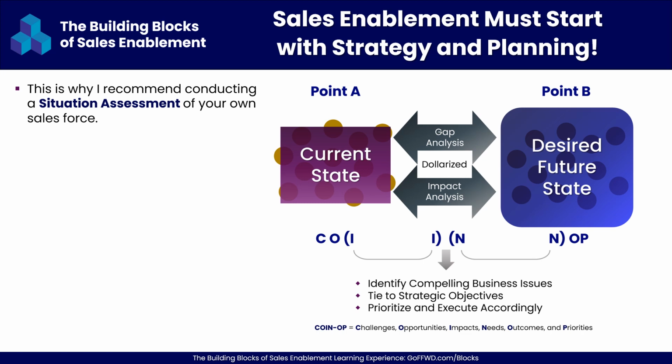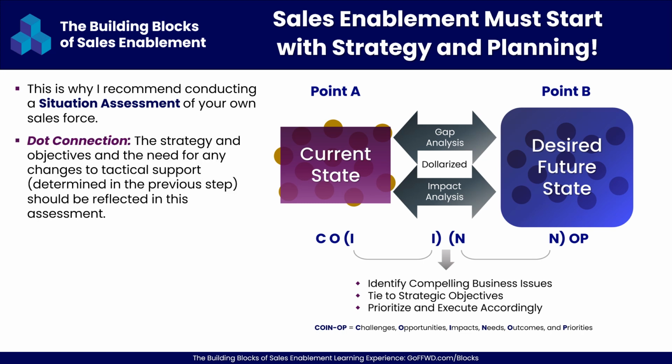If you dollarize that, then you can do an ROI analysis, or at a minimum, identify the compelling business issues, tie these to strategic objectives, and begin to prioritize what you want to execute and do that accordingly.